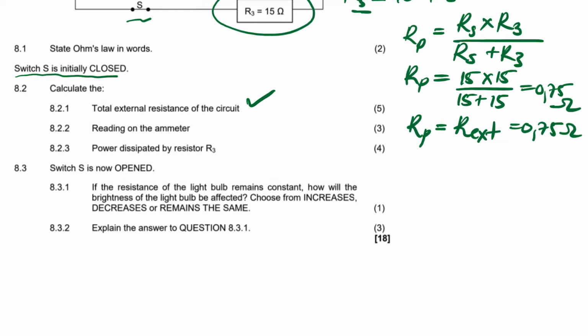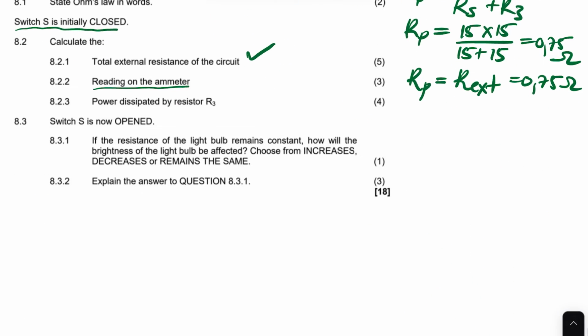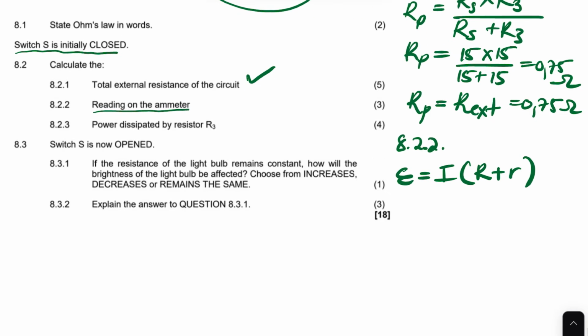Now calculate the reading on the ammeter. The reading on the ammeter, which is this one, is the total current. How are we going to calculate it? It's 8.2.2. I'll use the EMF; I'm sure there are many other ways to do that. We have an EMF of 12 and an internal resistance of 0.5.